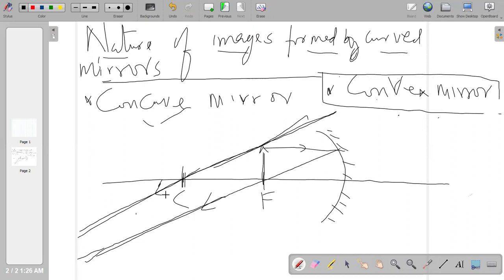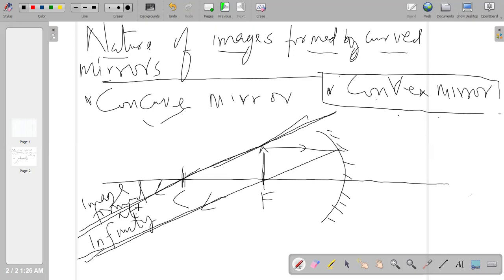These two lines are parallel, so they will meet at infinity, if ever they will meet. So the image is formed at infinity.